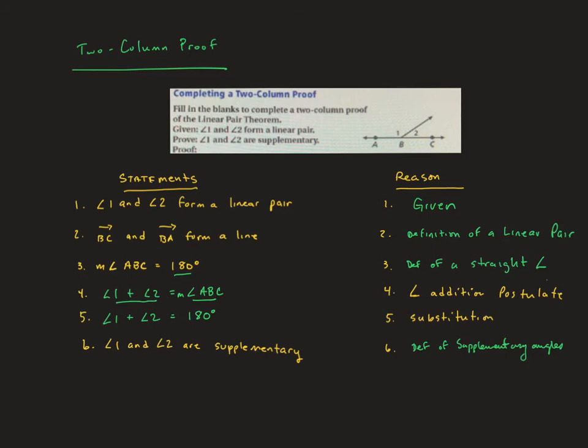Normally, we'll get better at it, but we're always just using the stuff that we've learned, and the first one is always going to be a given. That's what we're looking for. And then we just step through the process to figure out what defines what. And that is working in a nutshell with first attempts at a two-column proof, but working with vertical angles and linear pairs with some of the characteristics of opposite rays, identifying straight angles, and all of this stuff just keeps coming back and working together.